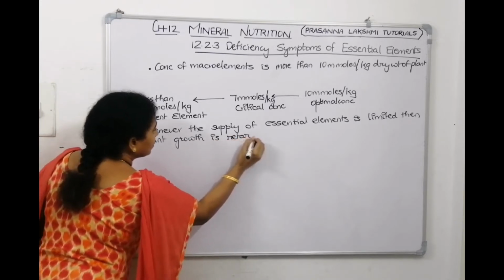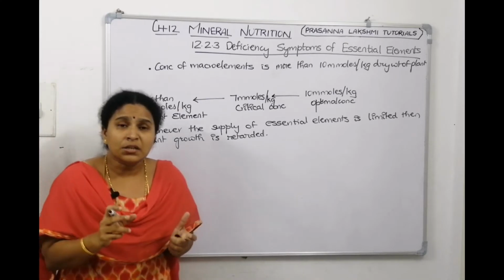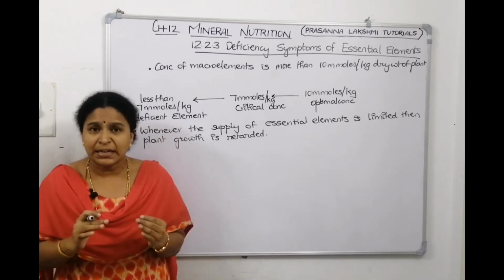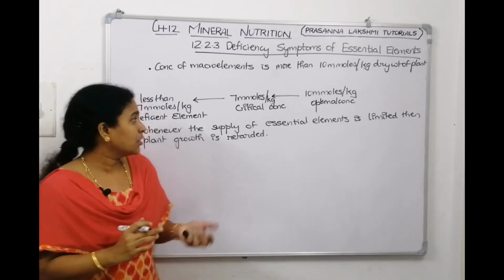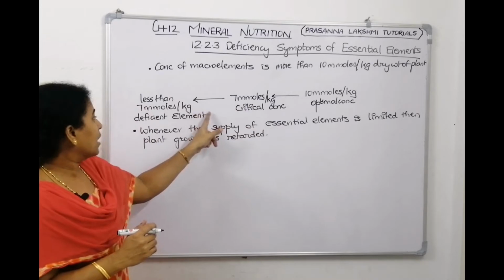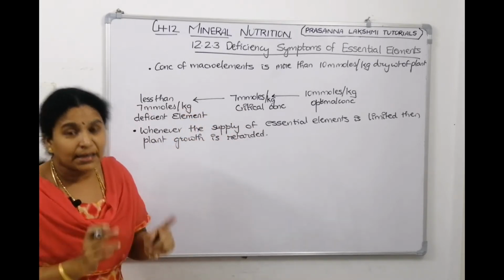The concentration of essential element below which the plant growth is retarded is called critical concentration. Now, below 7 millimolar, the plant growth is retarded. So that concentration is called critical concentration.